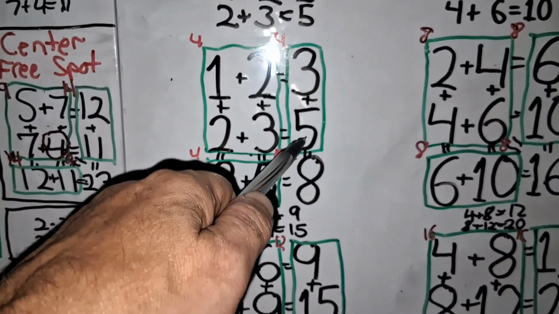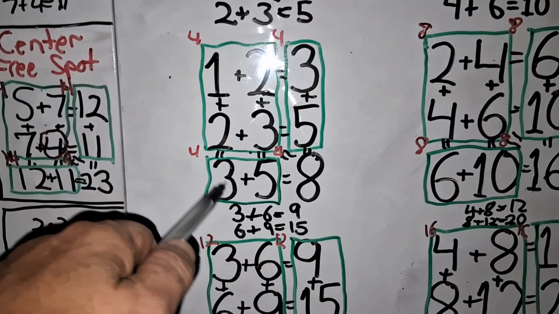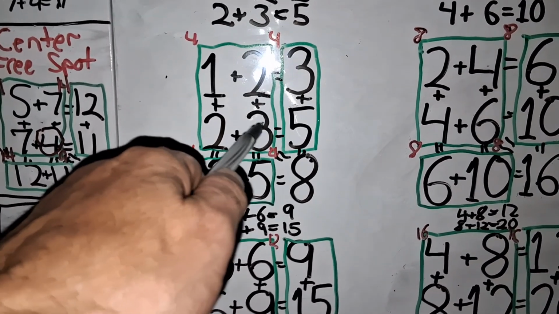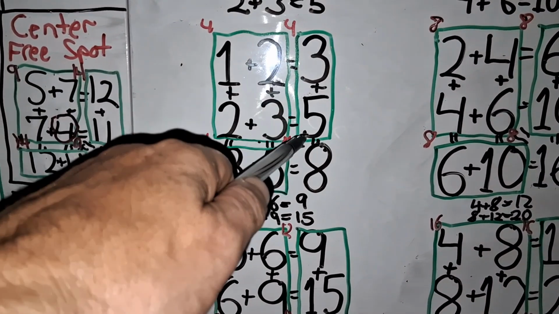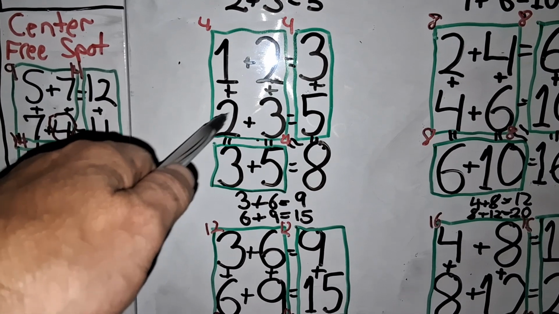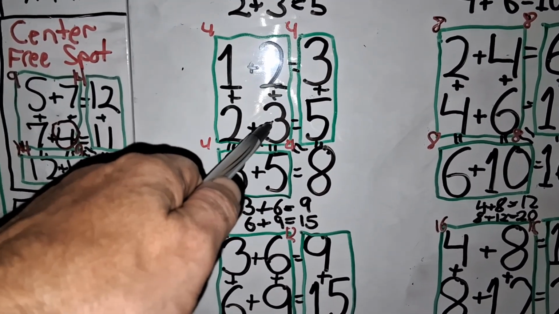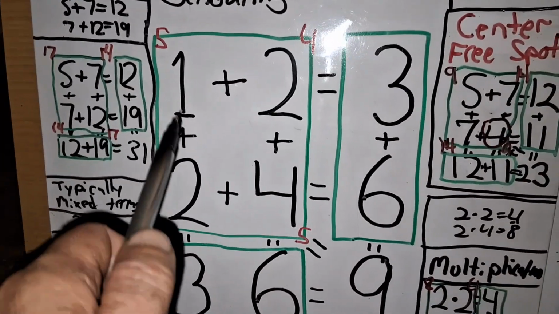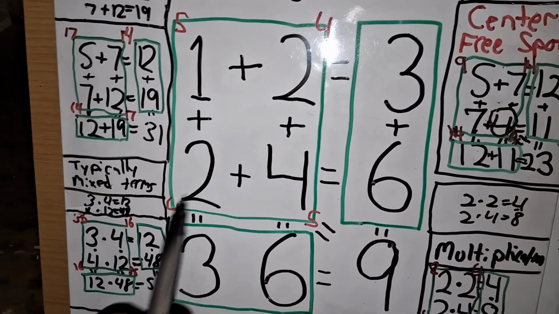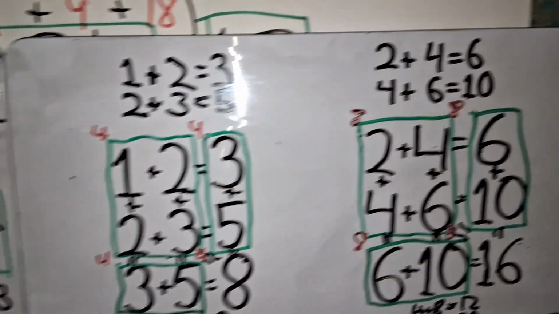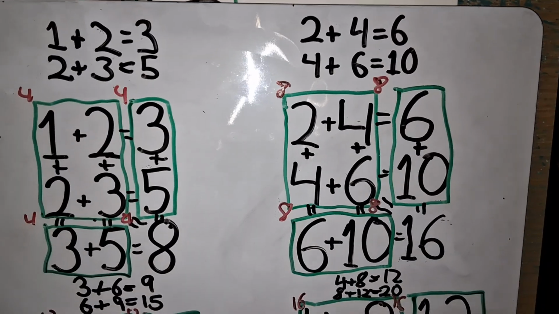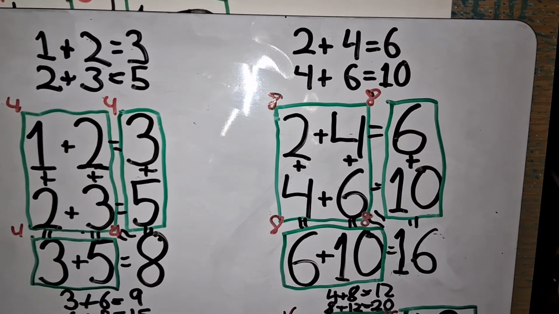And that adds up to 5, and 3 plus 5, which is right here, adds up to 8. So does 3 plus 5, and so does 1, 2, 3, 4, 5, 6, 7, 8. So they don't have to be as neat and tidy as this 1, 2, 3, 4, 5, 2, 4, 6, and 6, 3, 6, 9. That was the breakthrough that I discovered with these type of matrices.